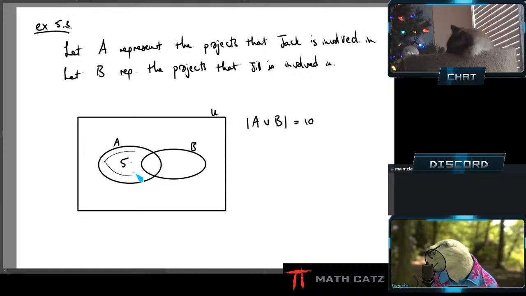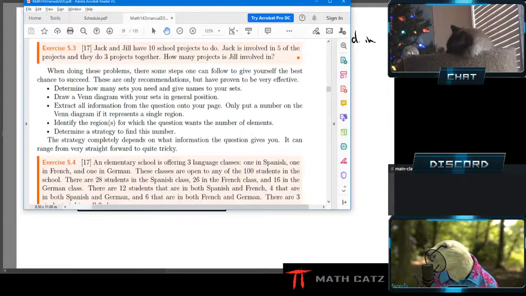Is 5 only the projects he's involved in on his own? Or is it his total number of projects? I have no idea. So there is a risk in putting a number in when it represents multiple regions. Risk is so great, I will never do it.